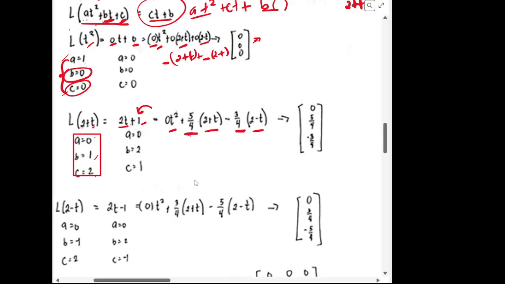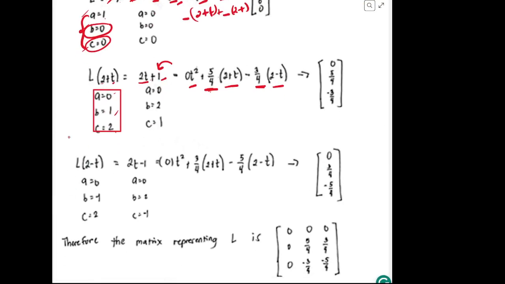Now, the same goes on our second base vector, that is 2 minus t. So, you have to get values of a and b, kung ano na ang para mag-go siya sa 2 minus t. And then, balik naman kita sa linear transformation definition. Okay?